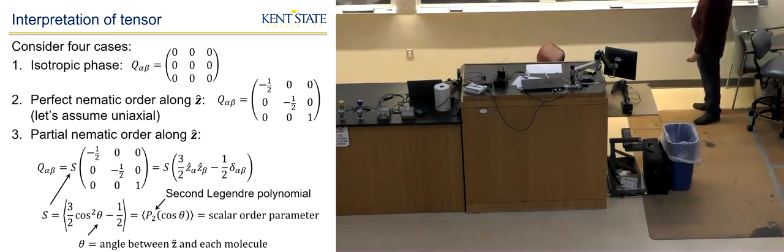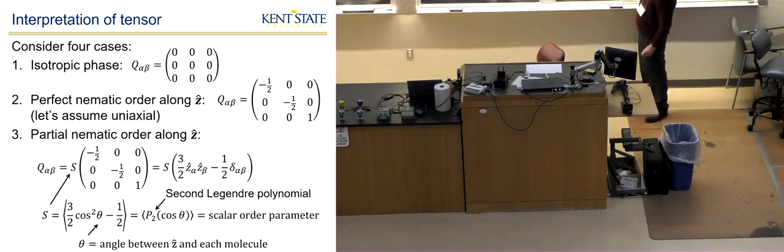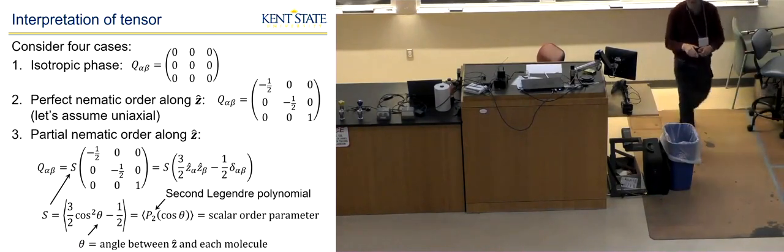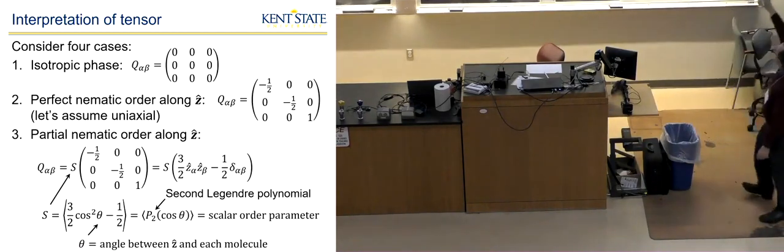I take that, I multiply it by 3 halves. Then I subtract 1 half from all the diagonals. The result is this thing. It has 1 in the ZZ place. It has negative a half in the XX and YY places, and it's 0 everywhere else.